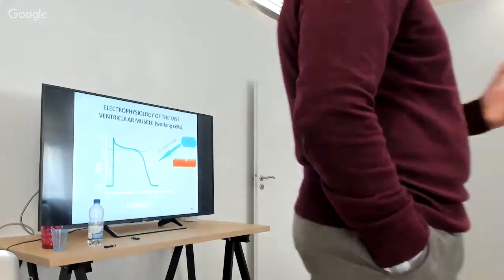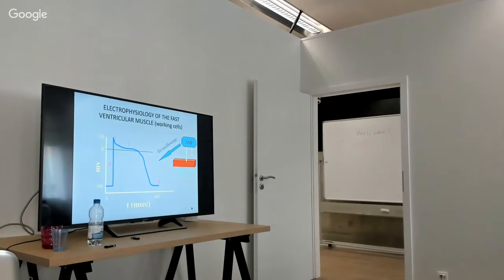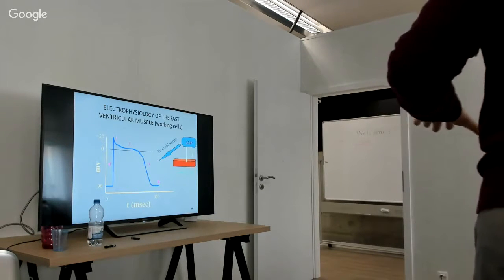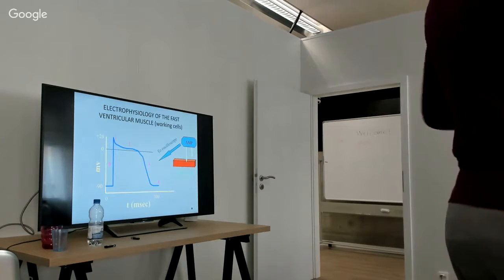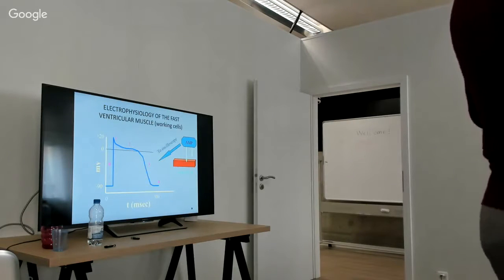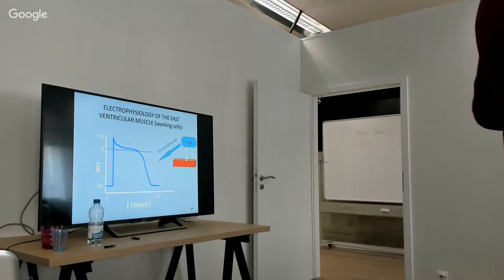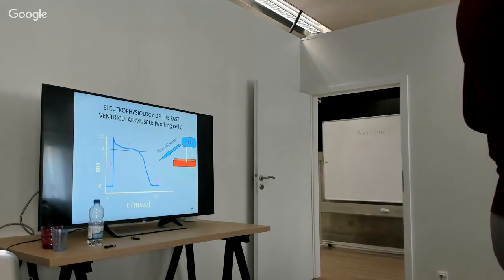This is why the resting potential in the cardiac muscle, in the cardiomyocytes, is minus 90, minus 85. If the cardiomyocytes are undisturbed, they will stay at minus 90.